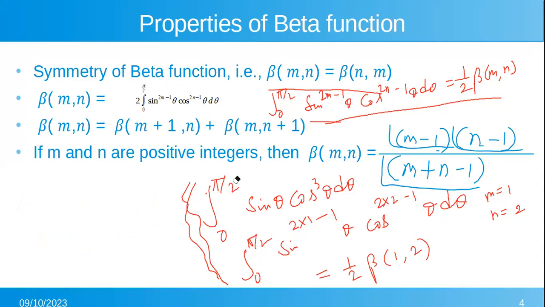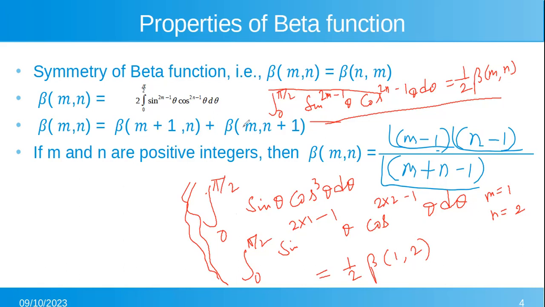Now see, I have chosen the example as the integral from 0 to pi by 2 of sine theta cos cube theta d theta, and we can integrate it without any knowledge of the beta function.